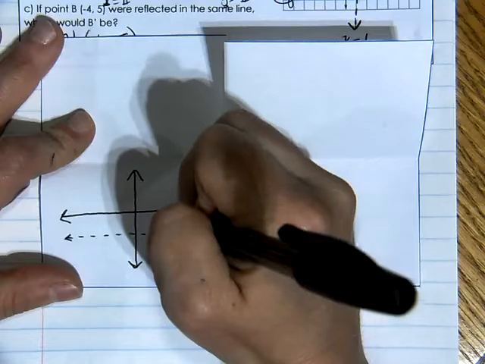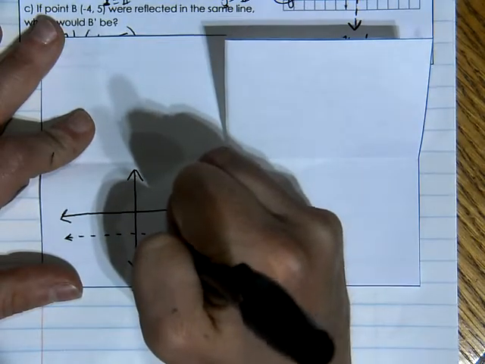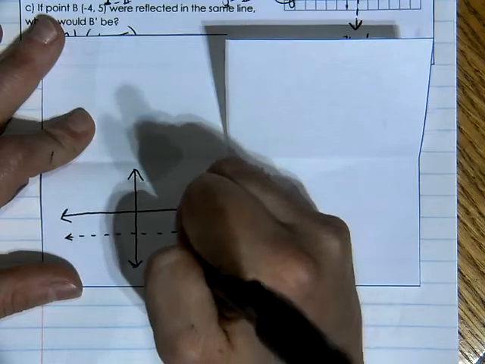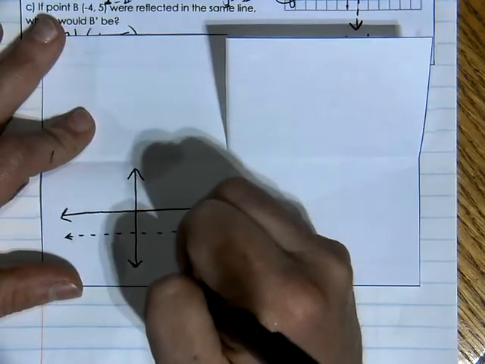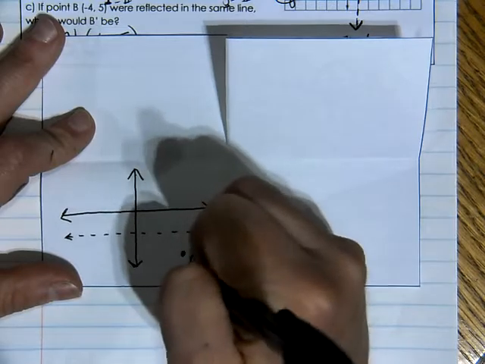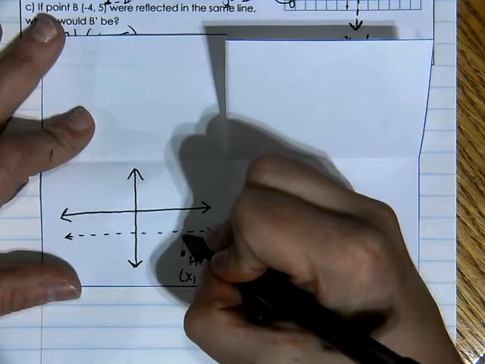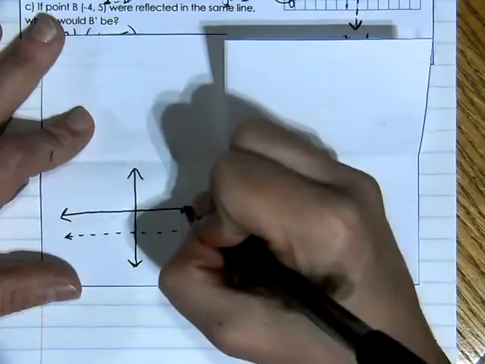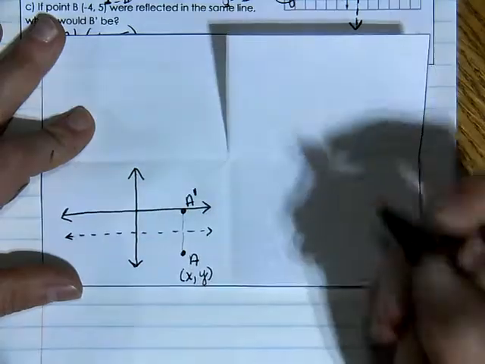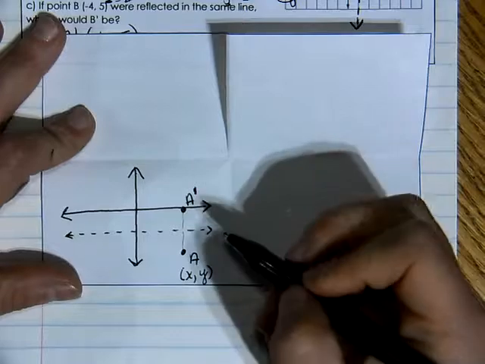I'm going to plot a point just below, and we're going to call it A. A is located at some ordered pair of x, comma, y. If I were to reflect A on the other side, we would call it A prime. But let's think about where its location would be.